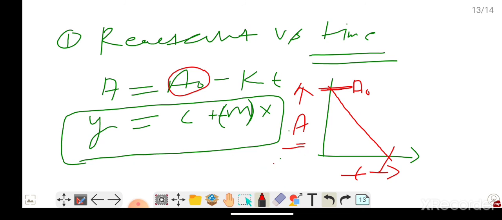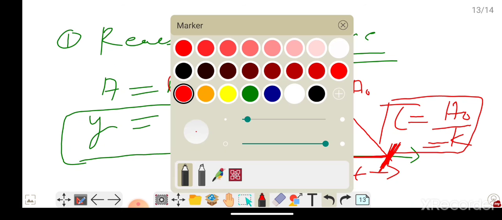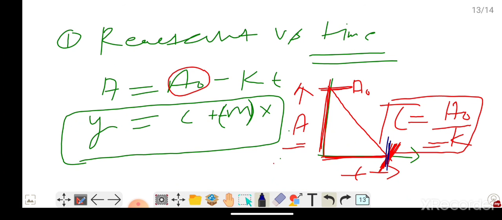Now we see that the concentration of A becomes 0 only at the time of completion of the reaction, that is, T is equal to tau, the average lifetime, and it is equal to A naught by K. So this point is A naught by K.